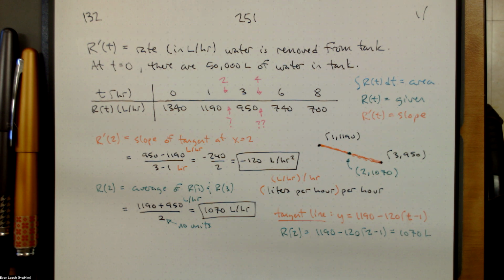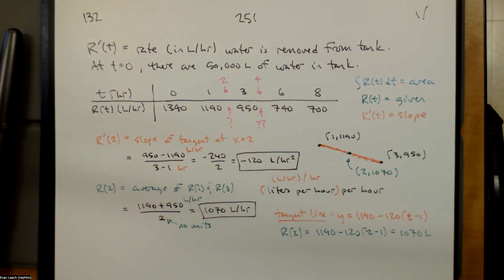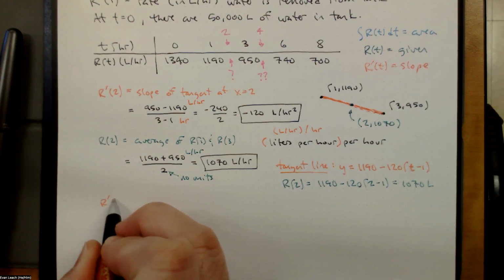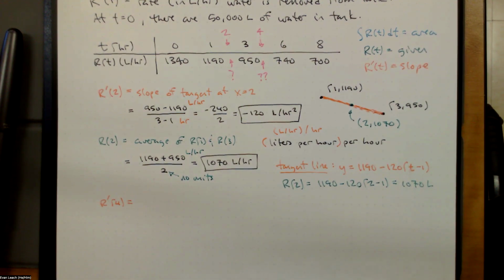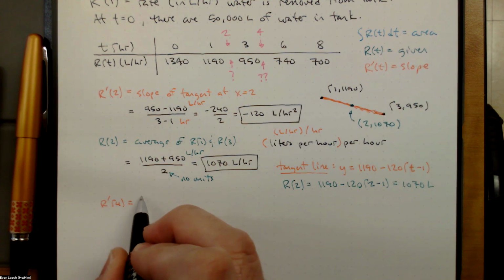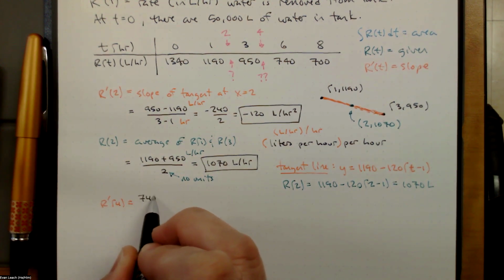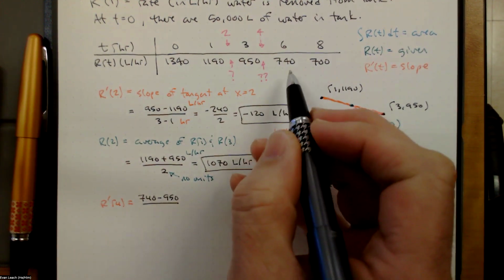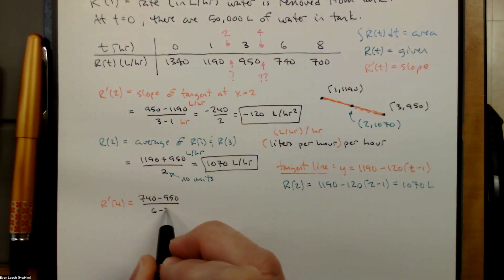Now, if I wanted R prime of 4, we could still just get that with the slope between 3 and 6. I'm just going to write it down here. 740 minus 950 divided by 6 minus 3.